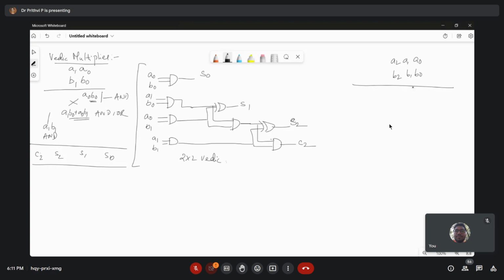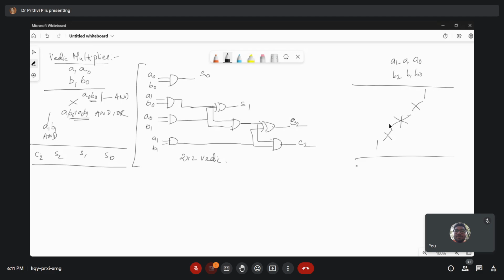Now how many terms you will be getting? 1, 2, next one is 3 terms, 4 and 5. Okay, I am taking this as the logic of what are the inputs that are being ANDed. I am taking AND or logic. A cross indicates that it's an AND operation completed with OR logic.